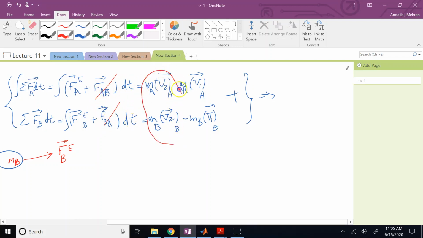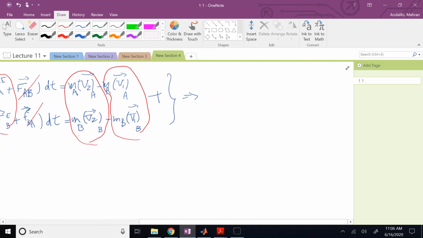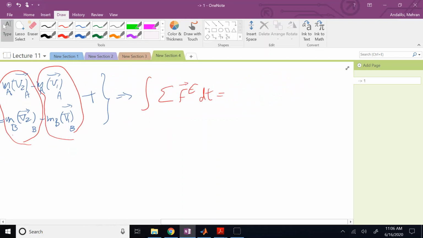Here I would add these two, calling it the total linear momentum of the system in position 2. This is the total linear momentum in position 1, and this is the total external forces. So it is going to be the integral of all of the external forces dt equal to the total momentum.